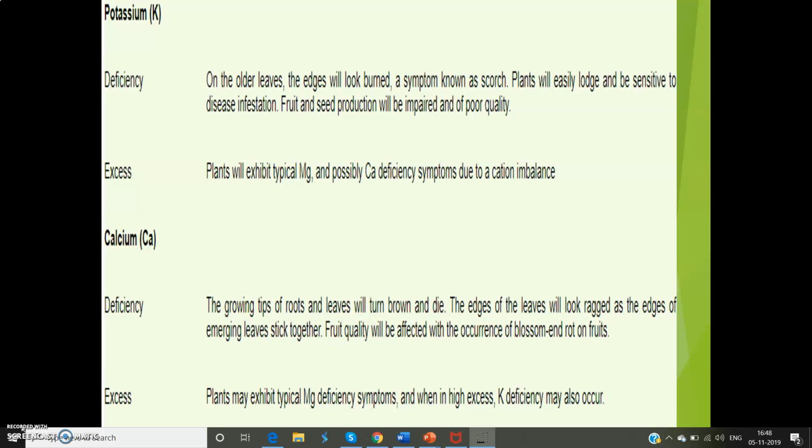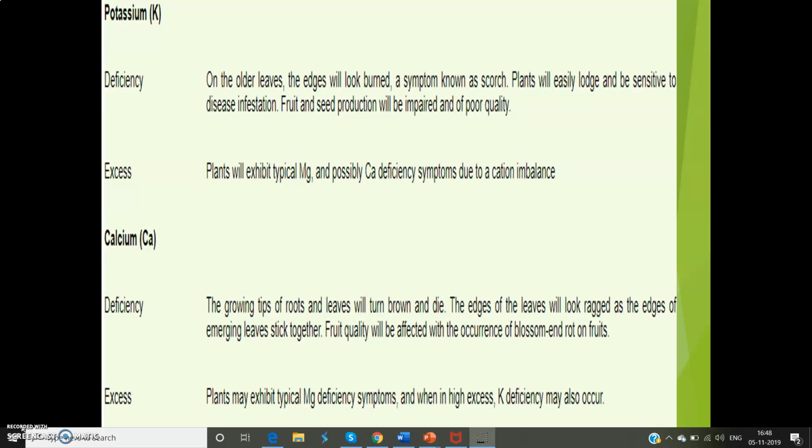Then coming to the toxicity, the plants may exhibit a typical magnesium deficiency, and in very high levels of toxicity it causes potassium deficiency. We all know that calcium is an immobile element, and high levels of calcium can accumulate boron deficiency.